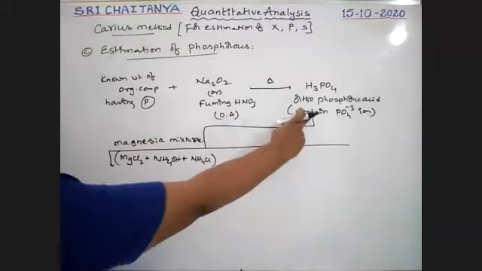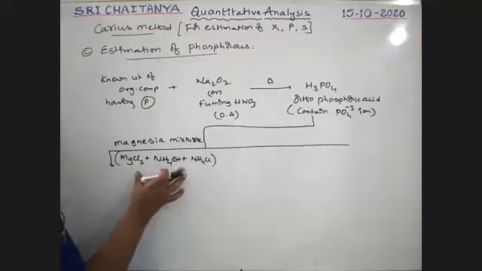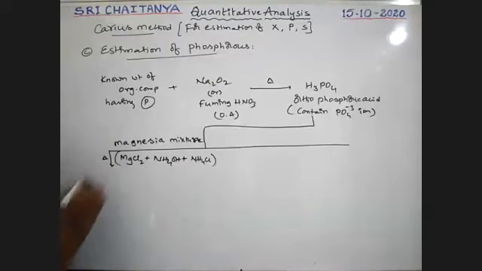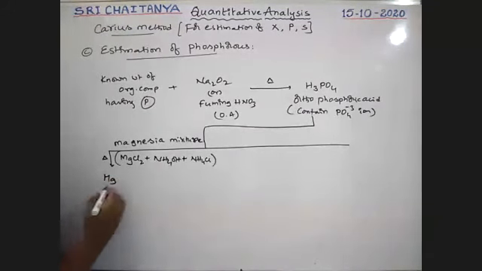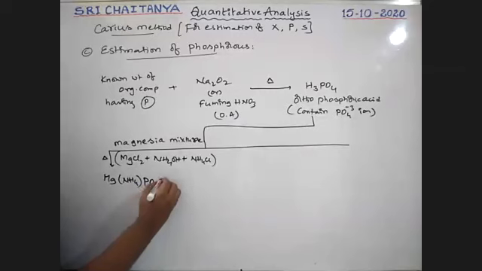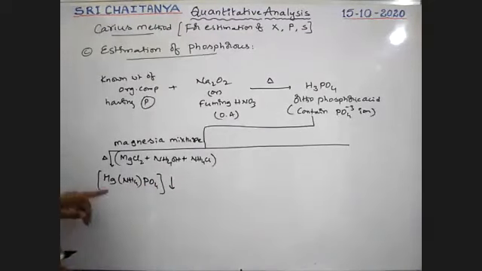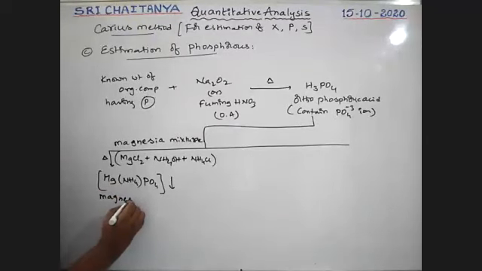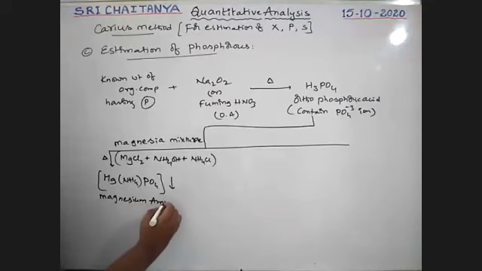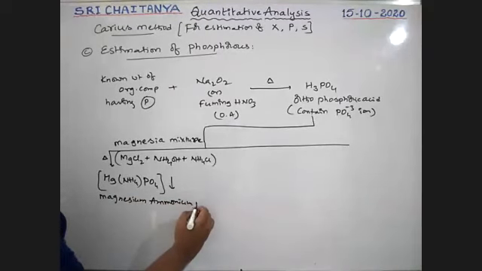To this H3PO4, magnesia mixture is added and heated. That gives MgNH4PO4, magnesium ammonium phosphate, a precipitate.